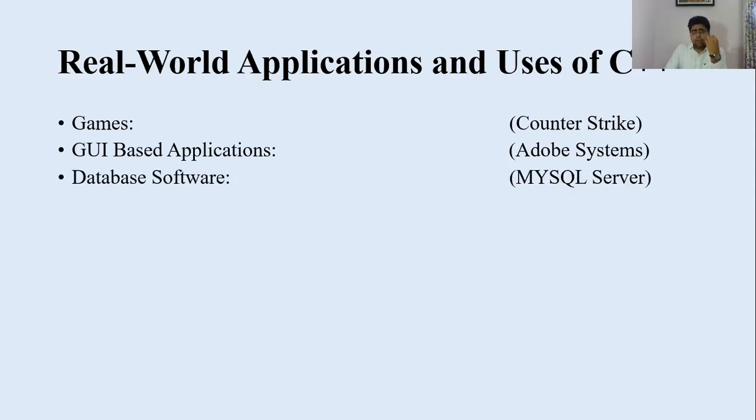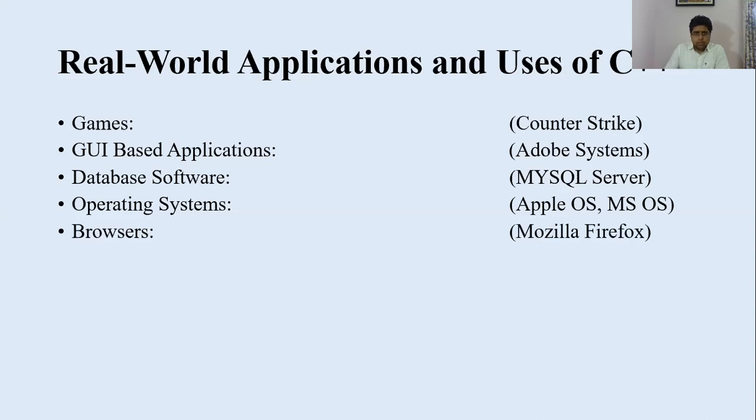Even the database software MySQL Server is written in C++. In the very famous operating systems, most people fall into two categories, Apple OS and Microsoft OS. They are both written in C++. Browsers: Mozilla Firefox, I believe you guys are aware of this.